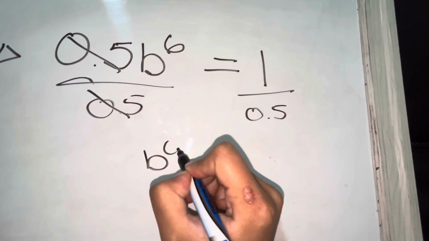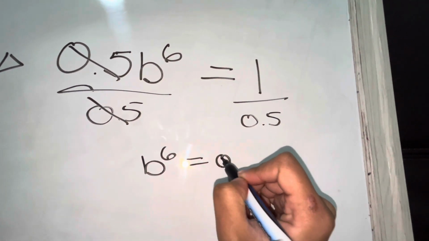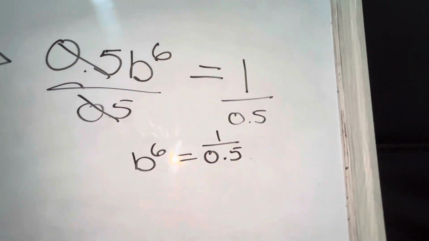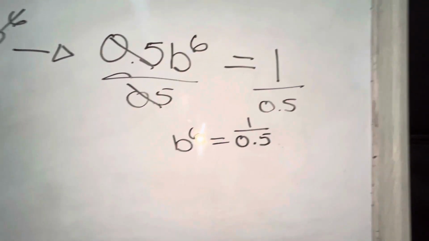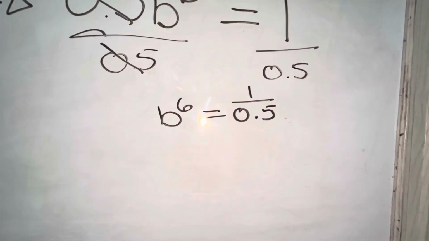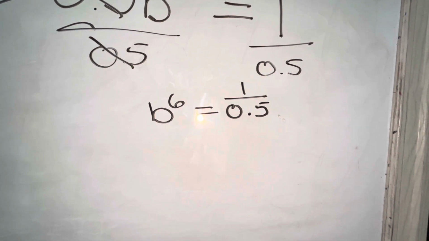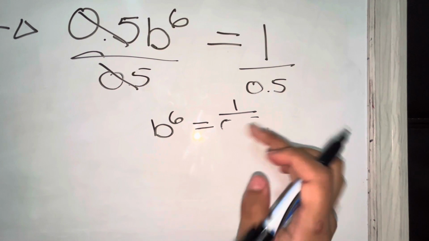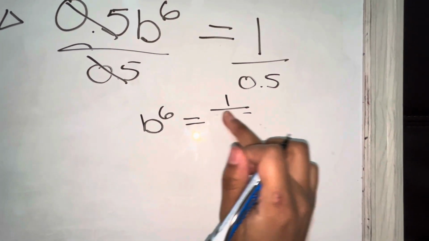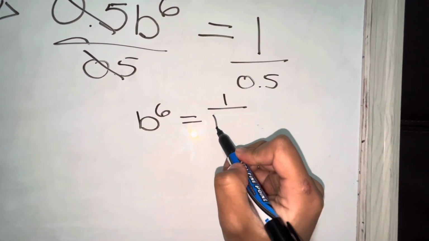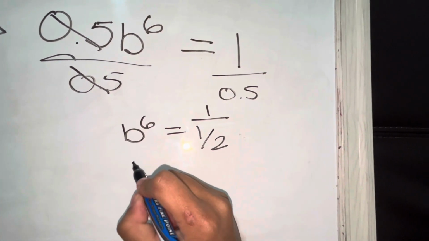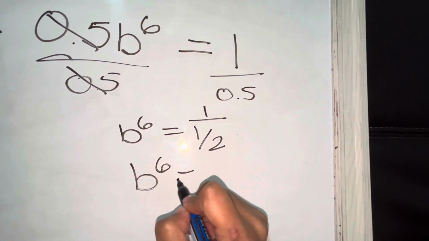We have b to the power 6 equals 1 over 0.5. And because 0.5 can also be shown as a half, 1 over 2, you can also write it as this, which is equivalent to b to the power 6 equals 2.